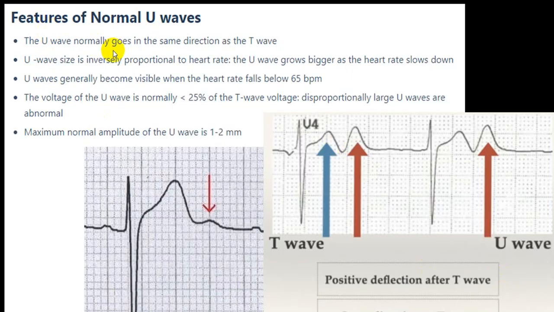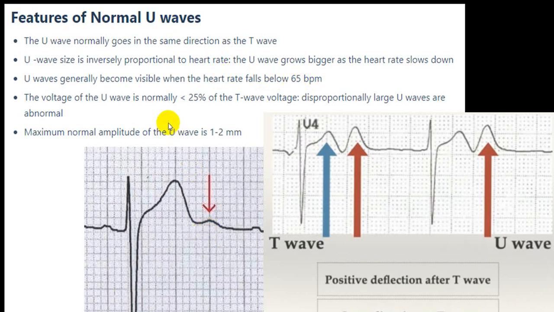So the U wave is in the same direction as the T wave. U wave size we have already mentioned, it is less than 2 millimeter or 1/4 of the T wave height. The U wave will become visible when the heart rate is below 65, or sometimes we say that bradycardia is one of the causes of appearance of the U wave.